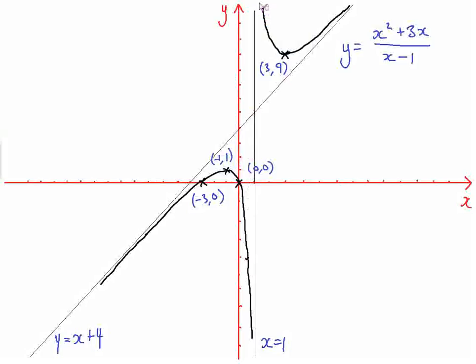This is in the positive x part, so I keep this. Yep, this is also in the positive x part, so I keep this. Sorry, it's a little hard to draw. But all of this stuff in the negative x part, I just do not pay any heed to it whatsoever.